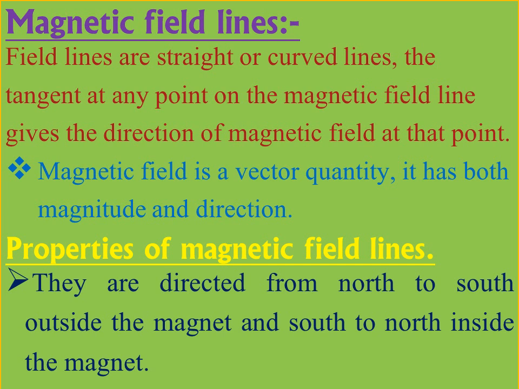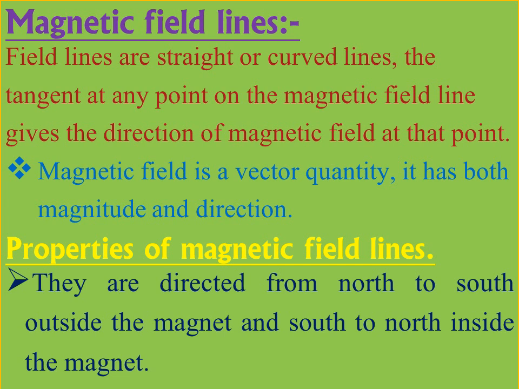We can draw these lines around a bar magnet. Therefore, magnetic field lines are straight or curved lines. The tangent at any point on the magnetic field line gives the direction of magnetic field at that point. Magnetic field is a vector quantity, that is, it has both direction and magnitude.